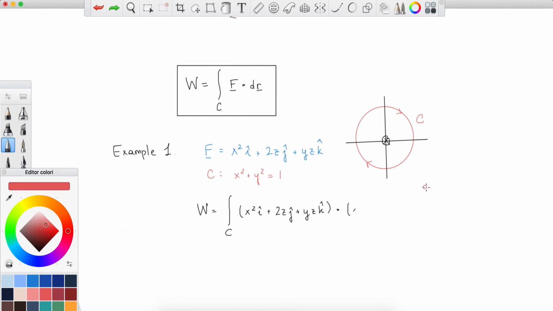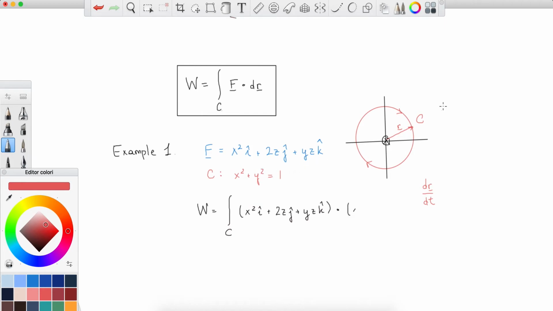Well, notice that dr/dt is going to be the time derivative of r, and r is just the position vector of all the points along C. So how can we write this path in terms of a vector valued function? Well, one way would be to parameterize this path.